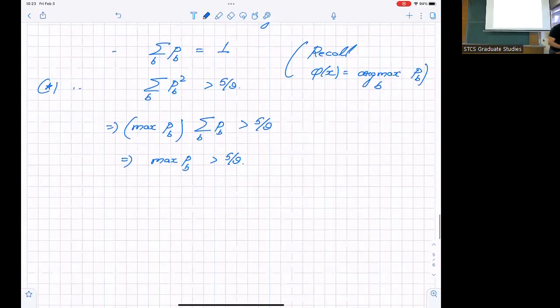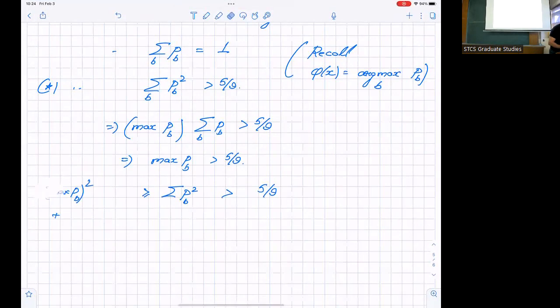What is p_b? So we have summation p_b square, which is greater than 5/9. But I want to state it is less than or equal to max p_b times summation p_b.